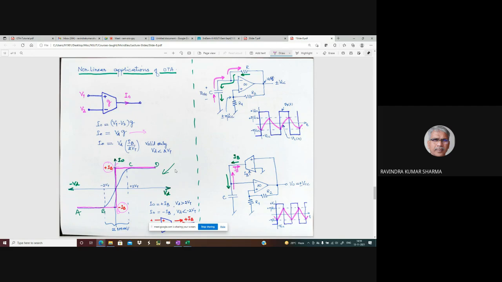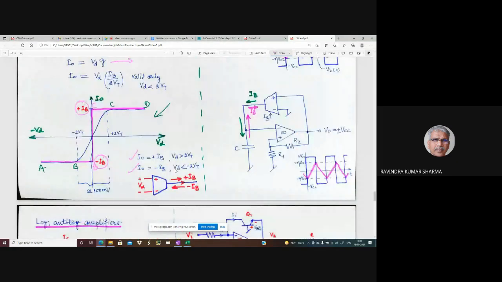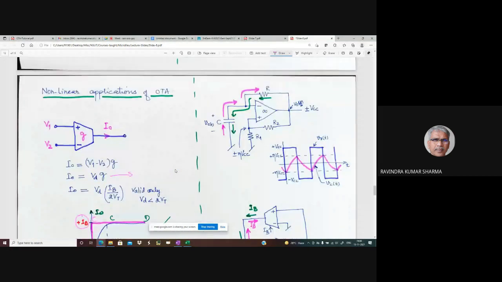If V1 minus V2 is negative, more negative than minus twice VT, then it saturates to minus IB, right? Which is what is written here. Correct? So this is the thing. IB outward is positive IB, IB inward is negative IB, right? Okay, now let us see.